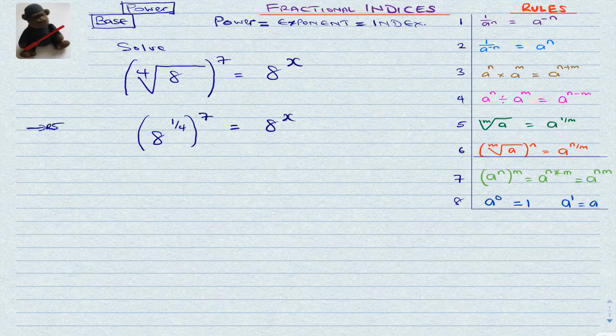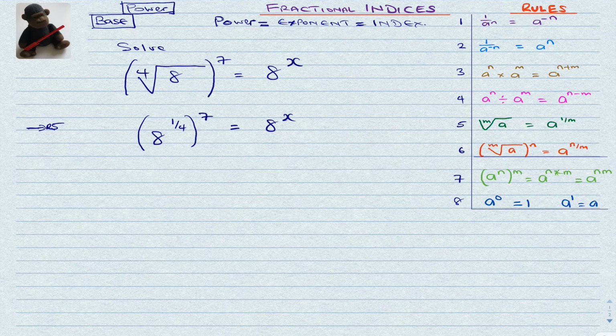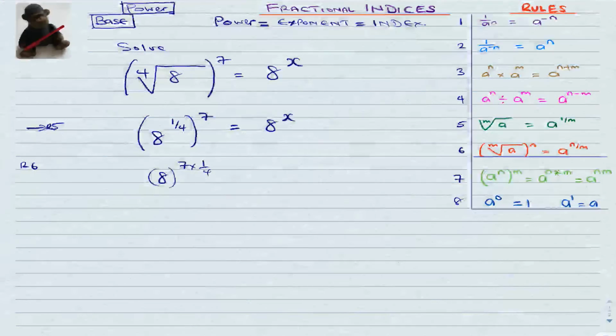Now what I need to do is basically take the power out. So I'm applying rule number 6. I'm going to take out the power, and that will become 8 to the power of 7 times 1 over 4. So I've taken the quarter out and I'm multiplying by the 7.